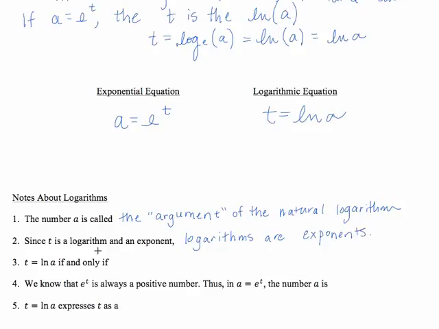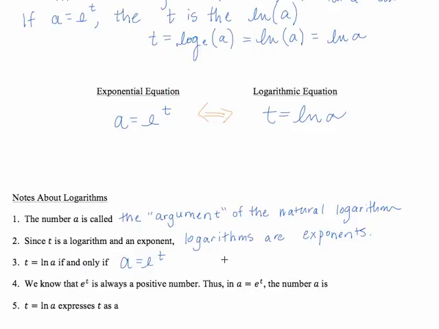Okay, so t equals the natural log of A if and only if A equals e to the t. So this equation goes both ways. You can convert from one direction to the other or vice versa. We know that e to the t is always a positive number from our study of exponential functions.